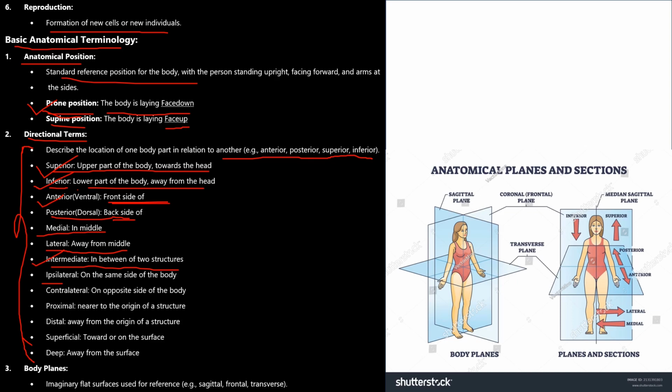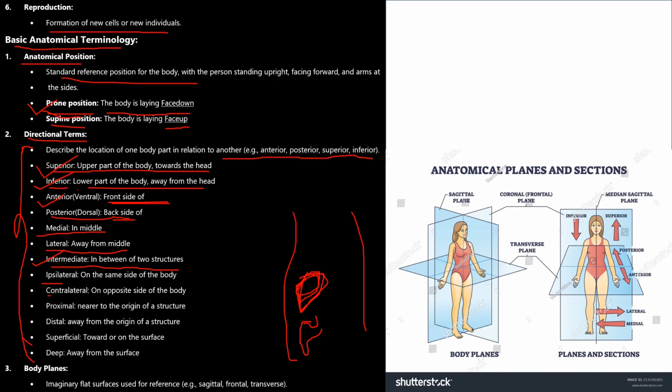To the right kidney, because in the human body, the liver lies here on the right side, and below it the kidney is located. We can say that the kidney is ipsilateral to the liver. The liver is ipsilateral to the right kidney.